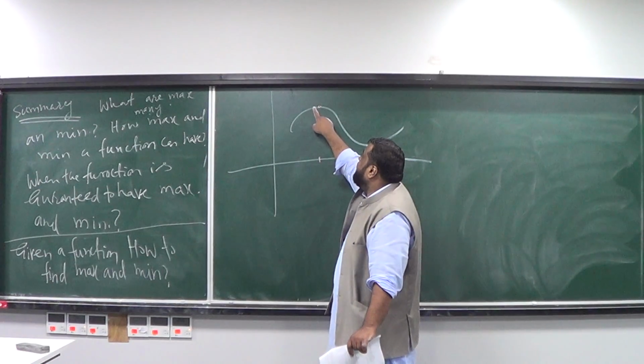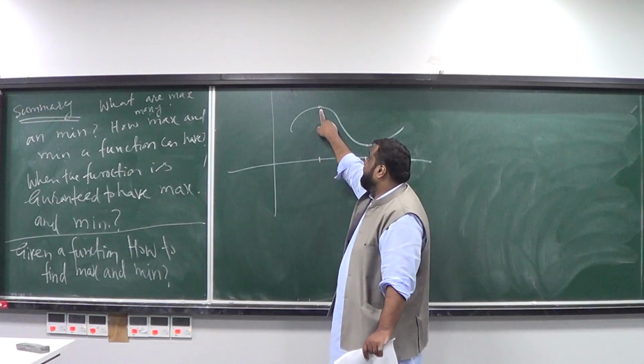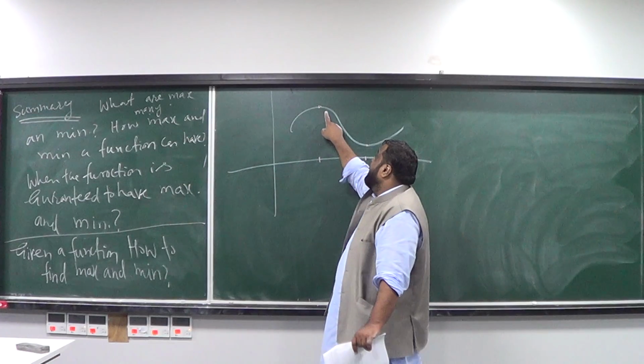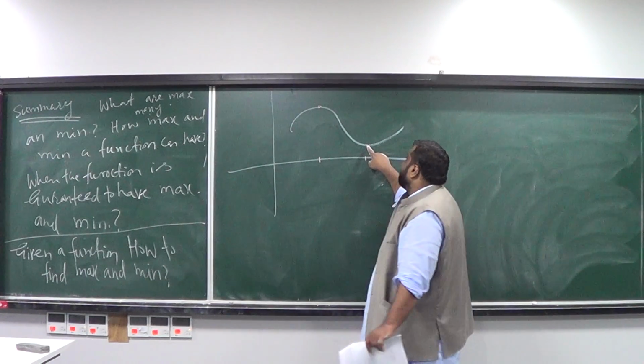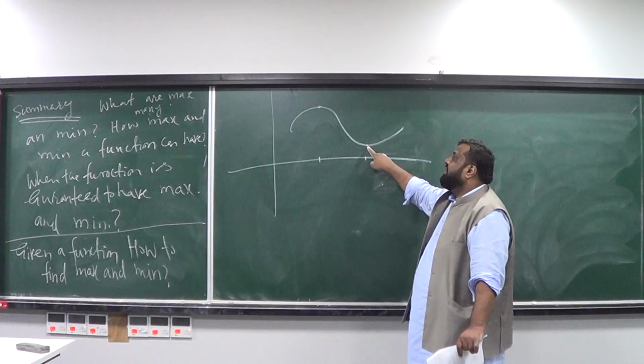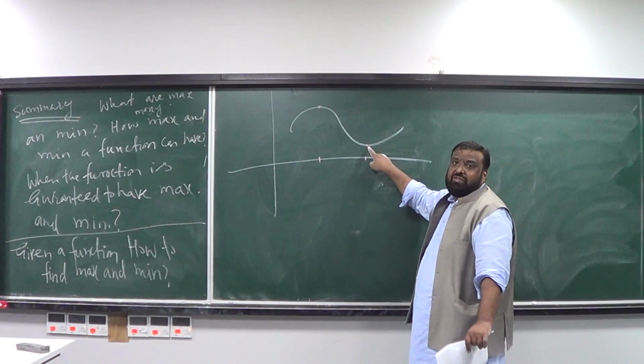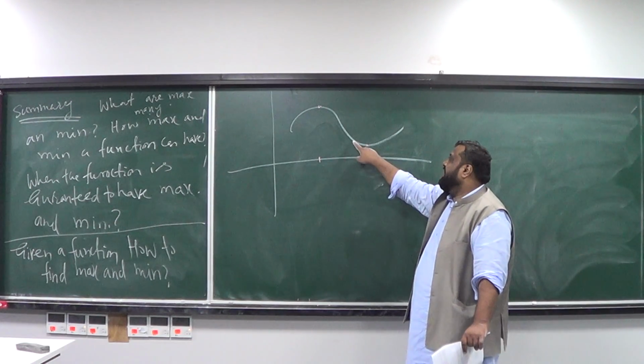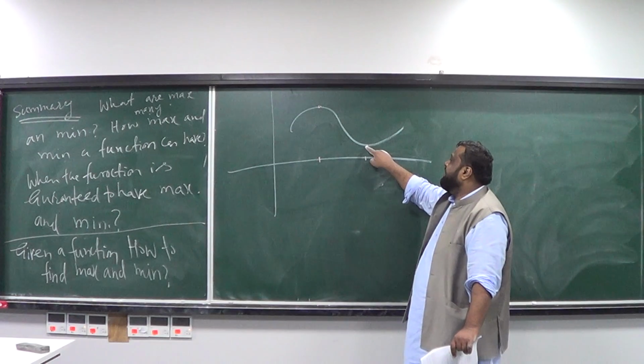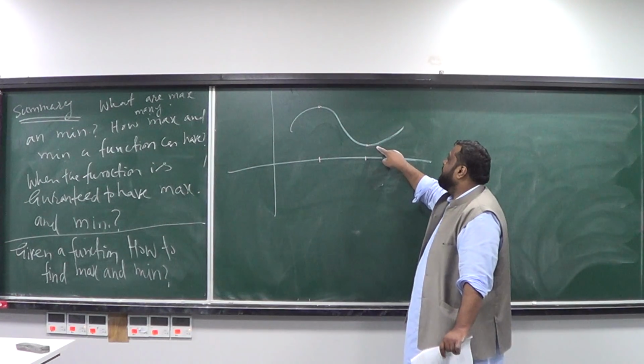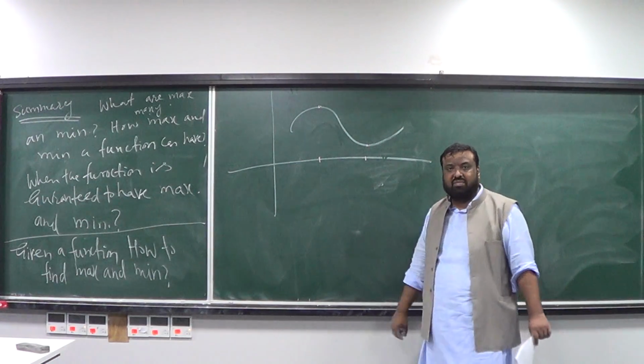So you went up and then went down, so therefore this is maximum. And how about this point? The curve was decreasing before this point, and after this point the curve is increasing.